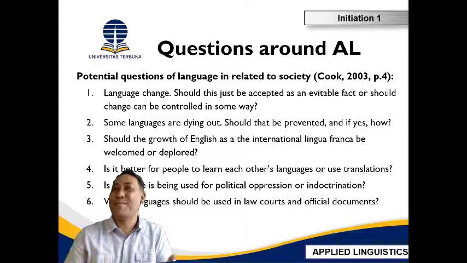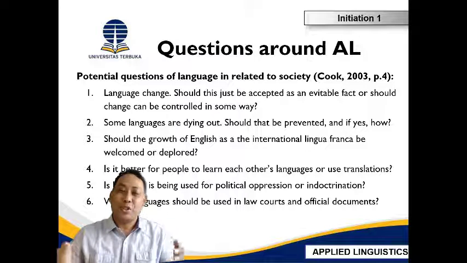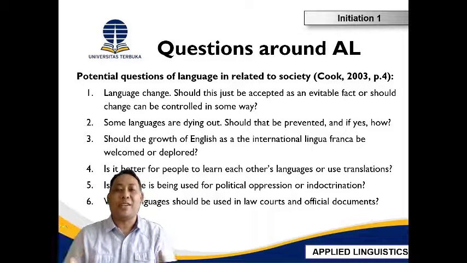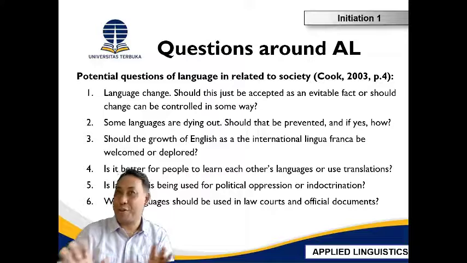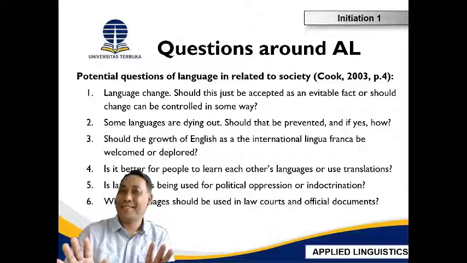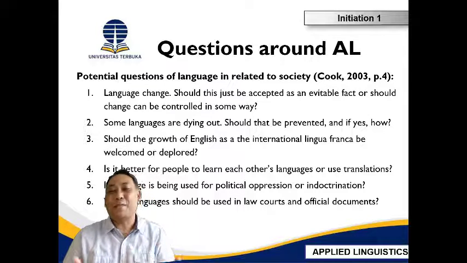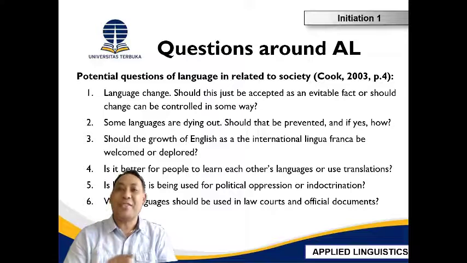Now, should that be prevented? If yes, how can we do it? What can we do? Should the growth of English as the international lingua franca be welcomed or deplored? Is it better for people to learn each other's language and use translations?